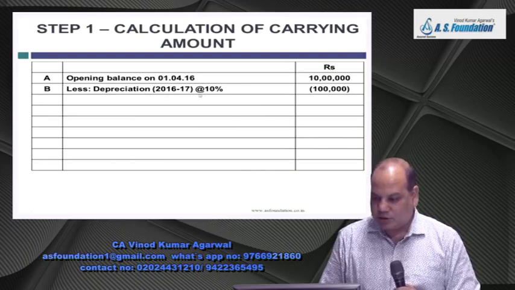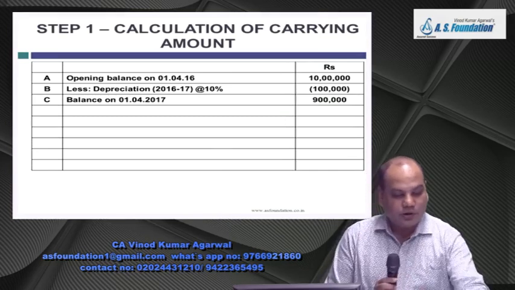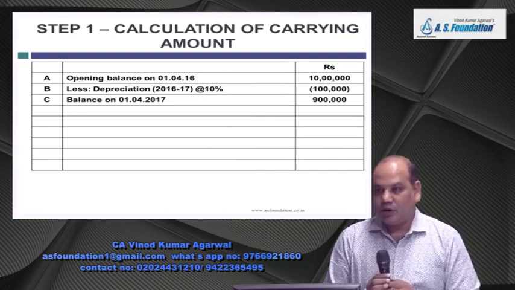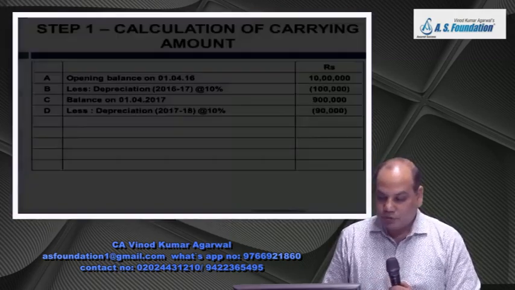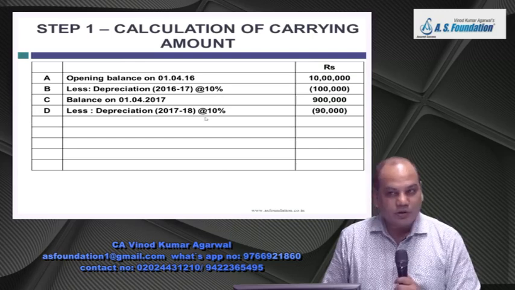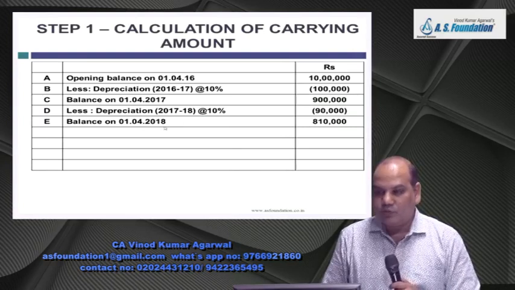First year depreciation at 10%, 1 lakh. Balance on 31st March 2017, 9 lakh. Then again depreciation at the rate of 10%, 90,000. Balance on 1/4/18, 8 lakh 10,000.